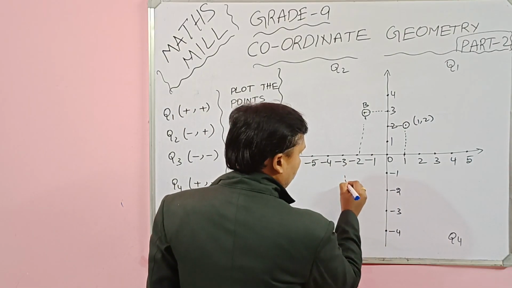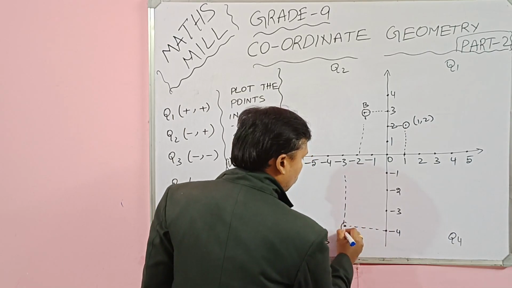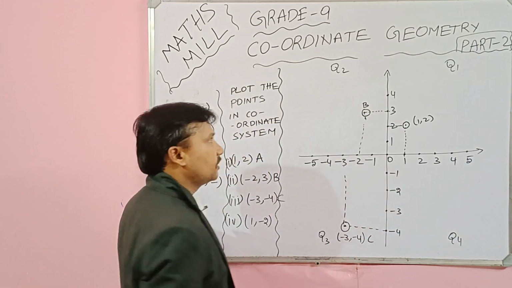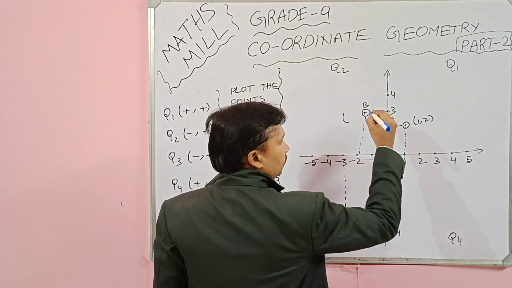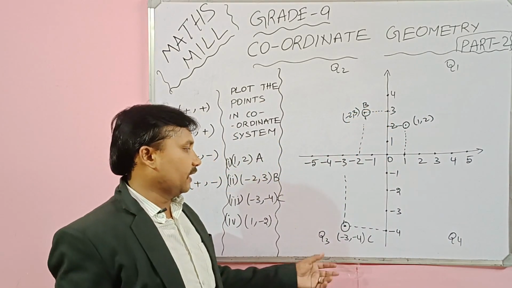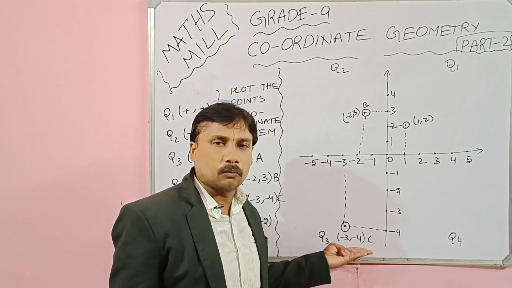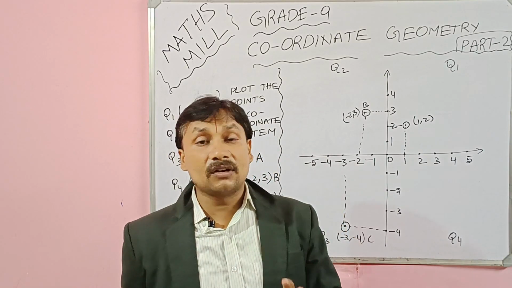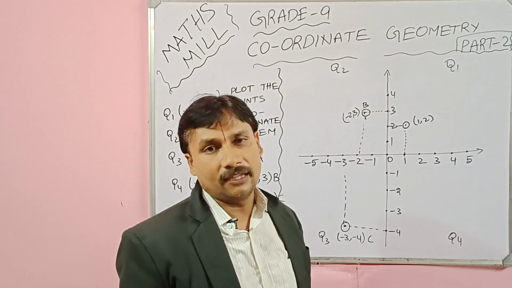Where those two meet is your required point: minus 3 comma minus 4, named C. Here is minus 2 comma plus 3, the earlier point. Always circle the point you have identified and name it, so the evaluator gets exact clarity.